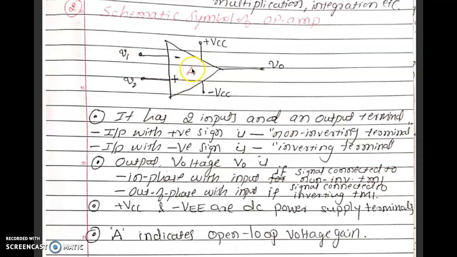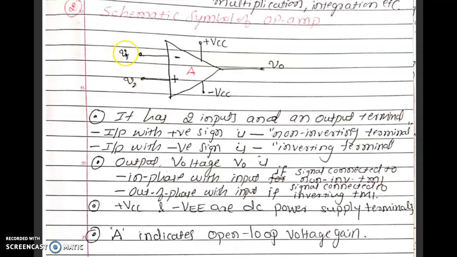So if just A is indicated, it is without feedback, it is open loop with no feedback loop. It is the open loop voltage gain, just indicated as A. If it is the gain with feedback, then we indicate it as AF. And usually this op-amp is meant for amplifying the difference between the two inputs.